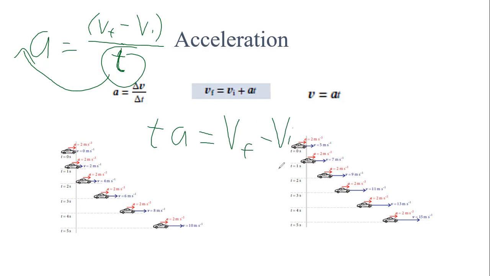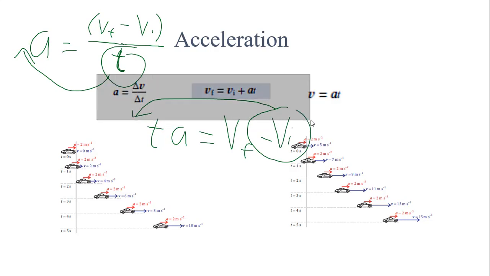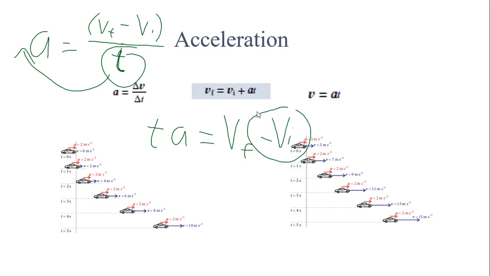Now, if we want to just get the final velocity, then we're going to move this over here by adding it to both sides, okay? So we're going to add that initial velocity to the other side.